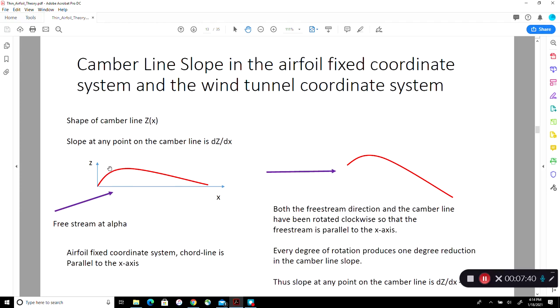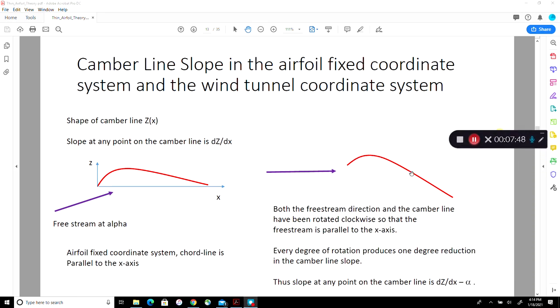Let's say there's any point here, and the slope at some point is dz dx. When you rotate something in the clockwise direction, you're reducing the slope by an equal amount. So if this has a 10-degree slope and I rotate it clockwise by 1 degree, the slope will be 9 degrees. If I rotate it by 2 degrees, the slope will be 8 degrees.